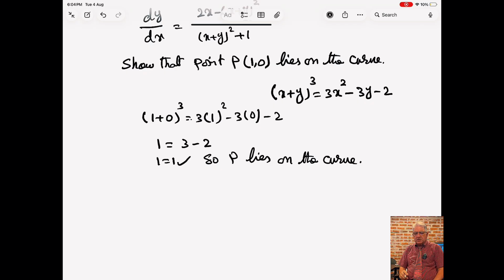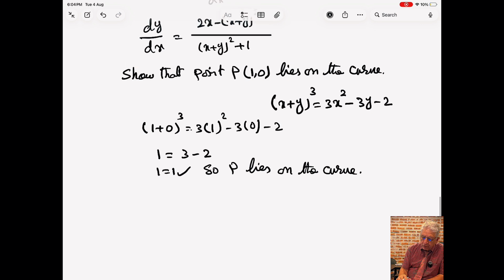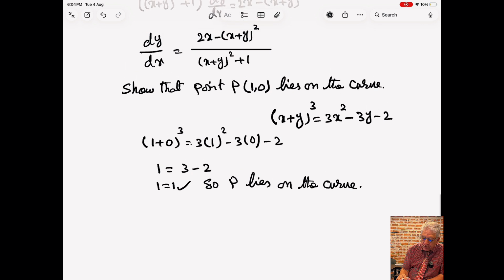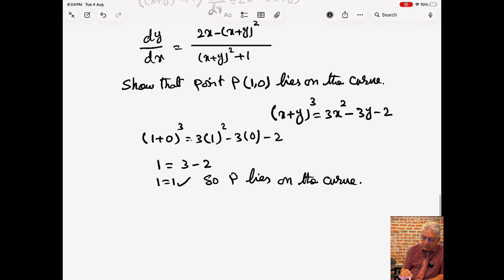Okay, now he's asking to find the equation of the normal to the curve. If I want to find the equation of the normal to the curve, first I have to find dy by dx at the point P, because we have x and y. I can substitute x and y in that and get the value of dy by dx.